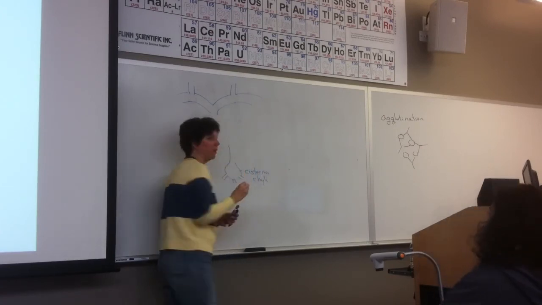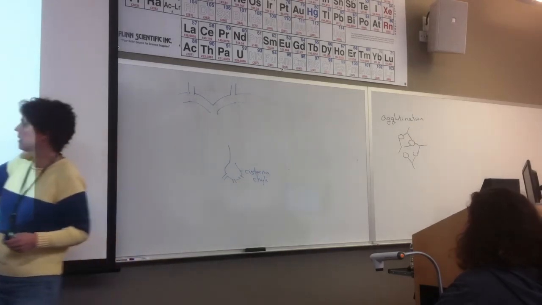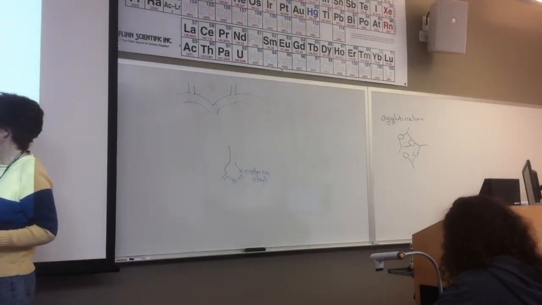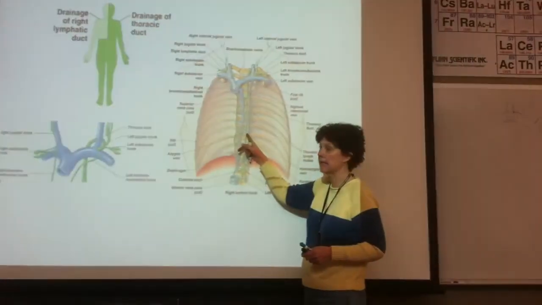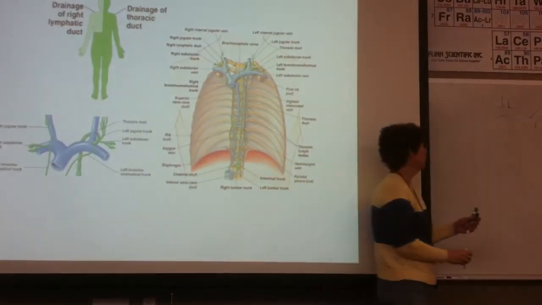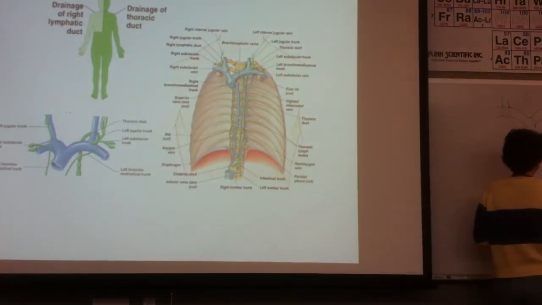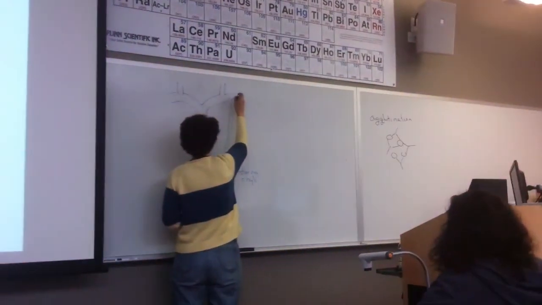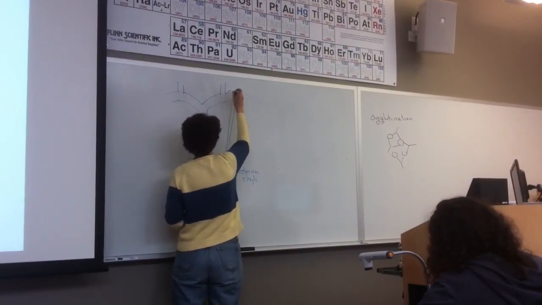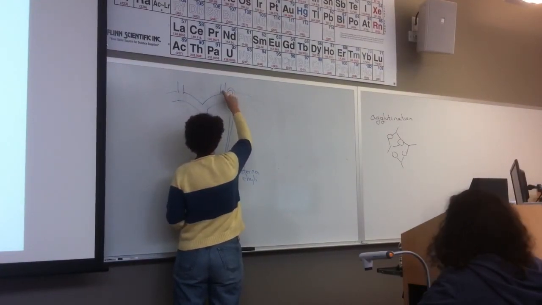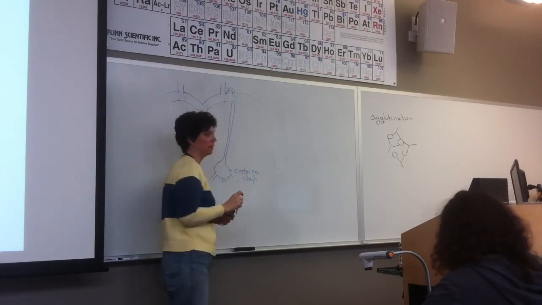This dilated chamber narrows, and the duct that forms is found right here between the azygos and hemiazygos vessels, carrying lymphatic fluid, rich in lipids, and all the rest of the lymphatic tissue fluid. It goes up and empties into the jugular vein just between the external and internal jugulars.